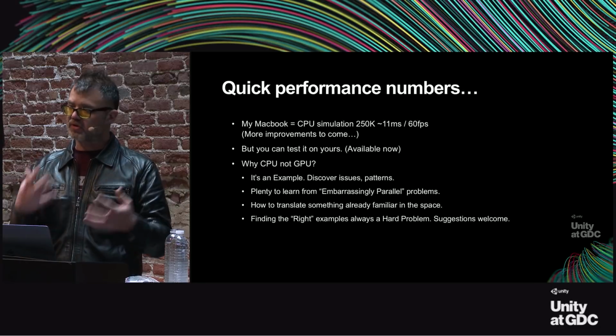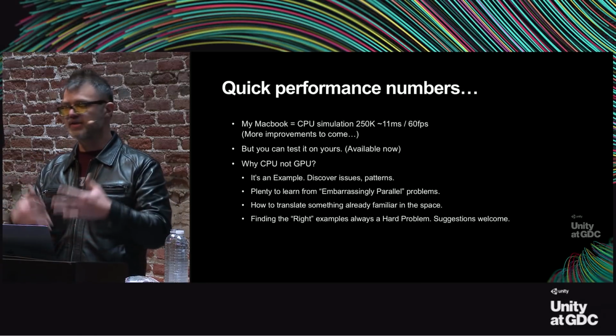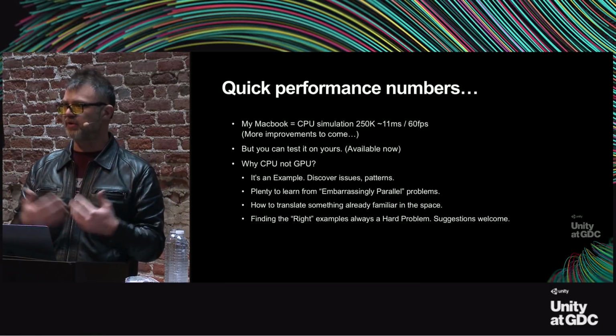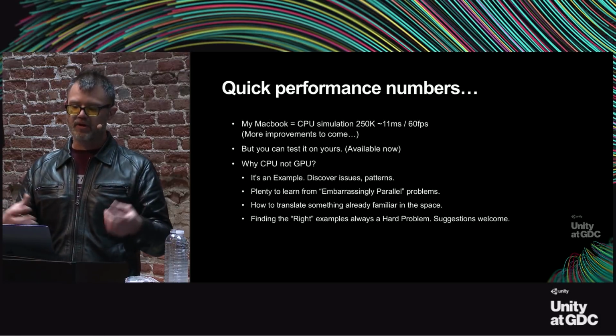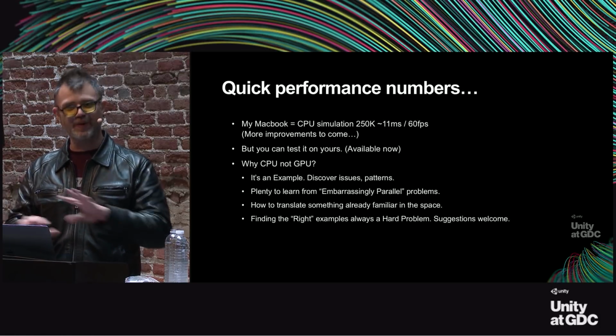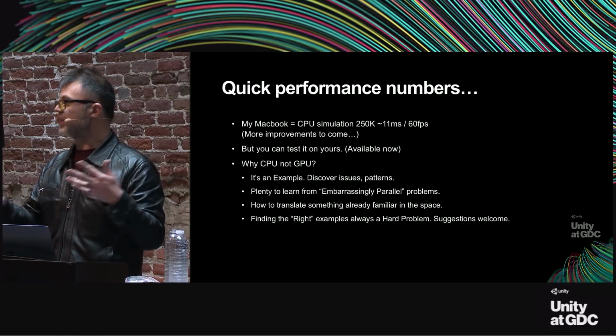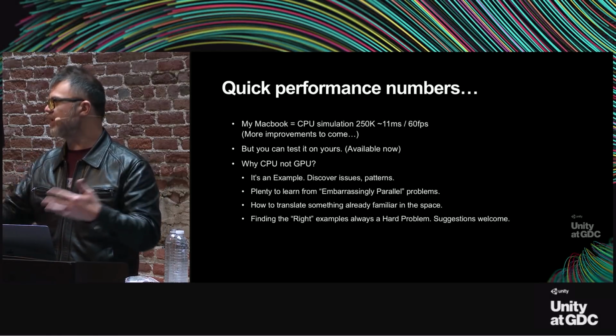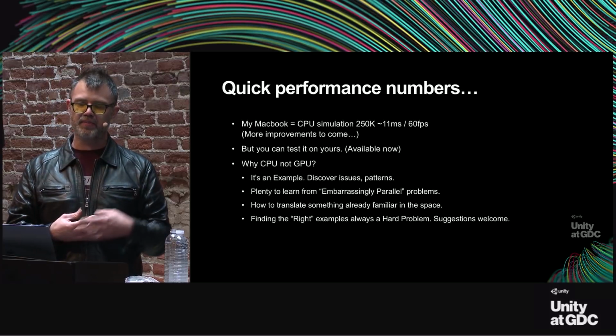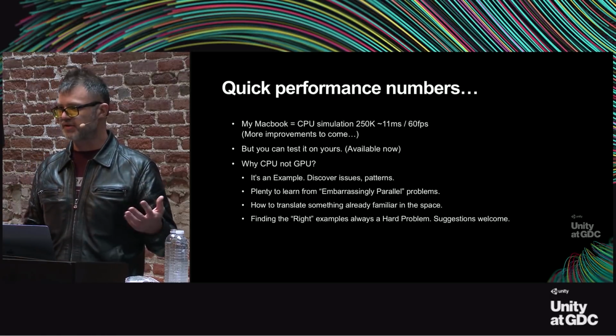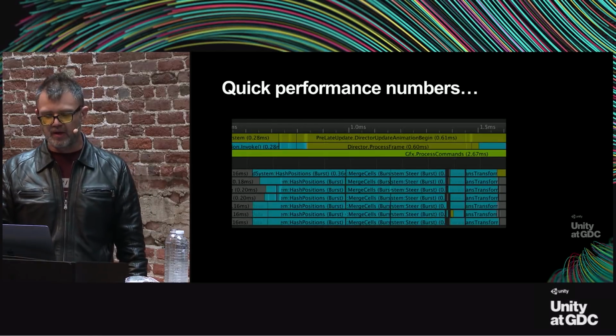It's always a struggle to find the right example that's not so complicated that it's impenetrable, but not so simple that it's trivial. So I'm 100% open to whatever suggestions you have as our users to say, this is what I would like to see. This would demonstrate to me that this is really valuable. And please jump on our forums and let us know what those things would look like.